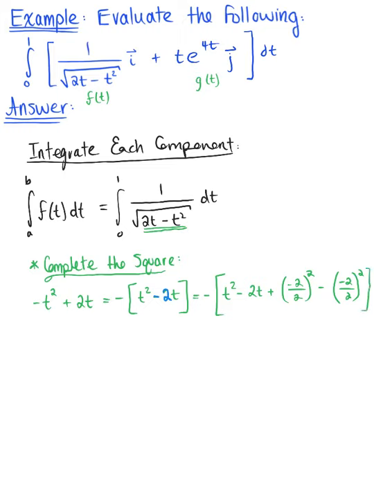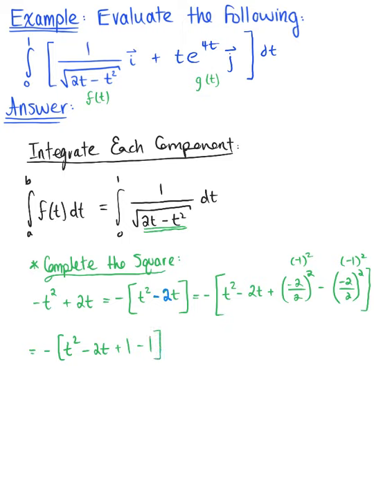So what is this leaving us with? Well, we now have minus t squared minus 2t. Negative 2 divided by 2 is minus 1. So negative 1 squared in both cases leaves us with 1. So we'll have a plus 1 minus 1.